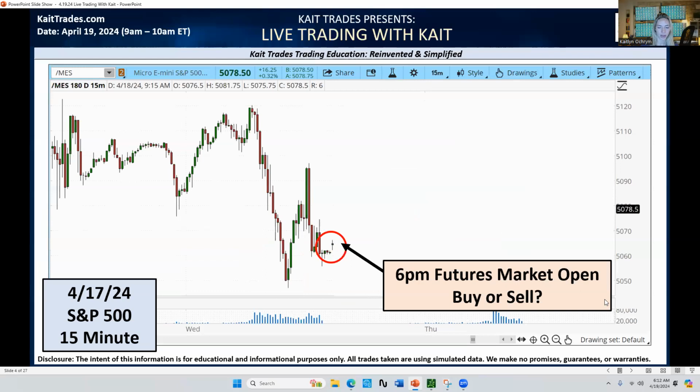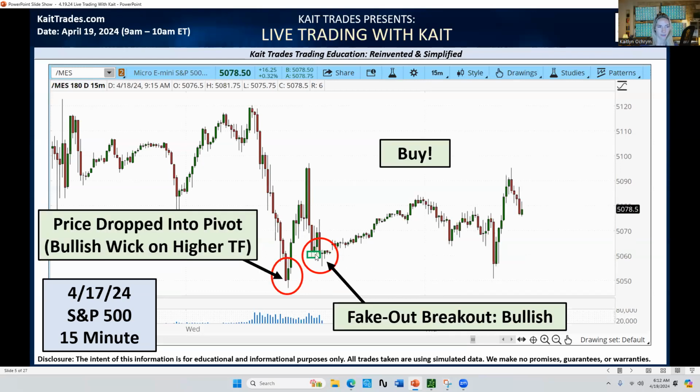Typically, when you see price have a support area and it breaks down, followed by a quick reversal, that is our fake out breakout. And typically, that means that from then on, at least for the next immediate several candles, you should be seeing a reversal to the upside.